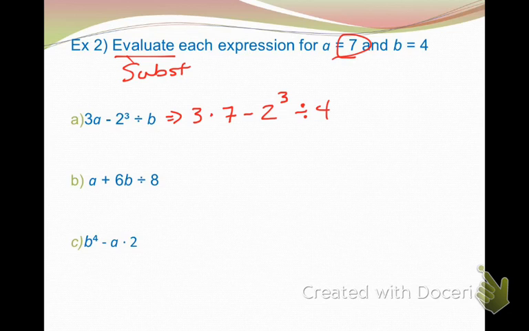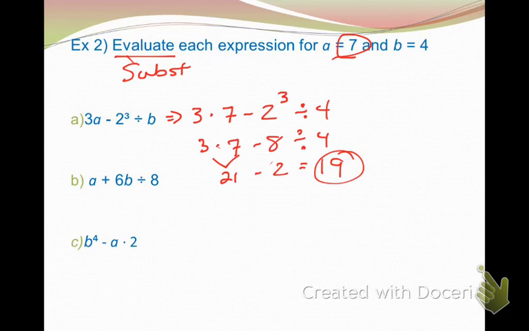So order of operations, you do 2 cubed first, that's 8. Then you do 21. Well, you could do 8 divided by 4 at the same time, which is 2. And 21 minus 2 is 19.